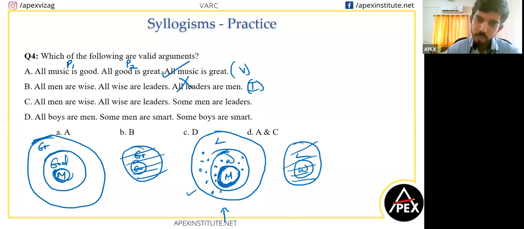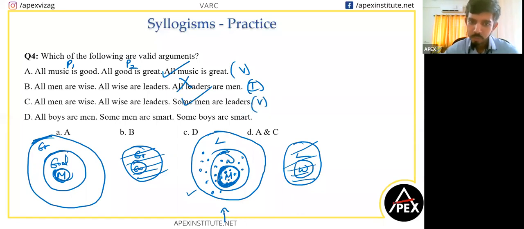So we can say some men are leaders because those men who are inside the circle, some men, all men, doesn't matter, they are leaders. If all men are leaders, by default, some men have to be leaders, right? So this is okay. So this is valid.